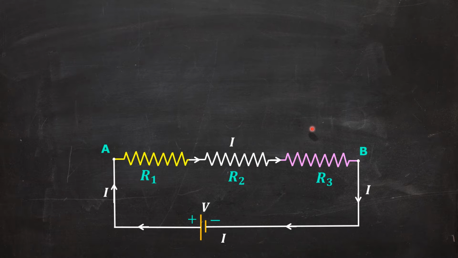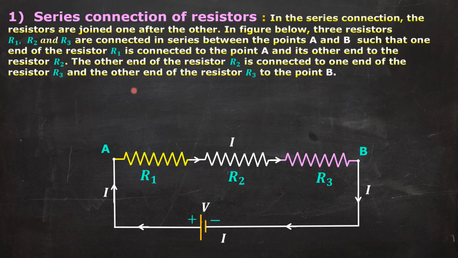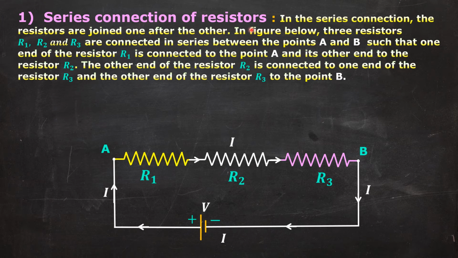So what is series connection of resistors? In the series connection, the resistors are joined one after the other. In the figure below, three resistors R1, R2 and R3 are connected in series between the points A and B, such that one end of the resistor R1 is connected to the point A and its other end to the resistor R2.